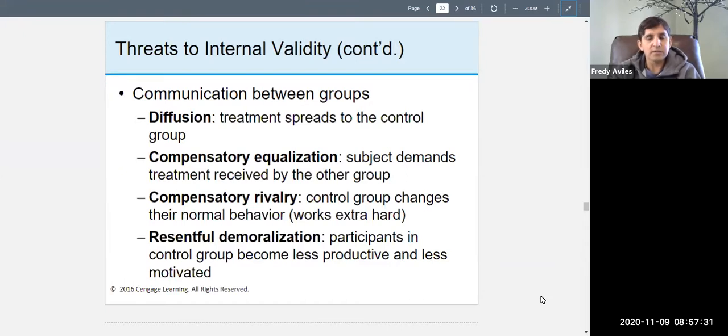Yeah, we know. And because of it, they don't try. And then they do even worse. That's resentful demoralization. If you're doing an experiment testing teaching methods, or testing a group with a higher IQ against an average group, people feel demoralized when they find out that they're in the disadvantaged group.